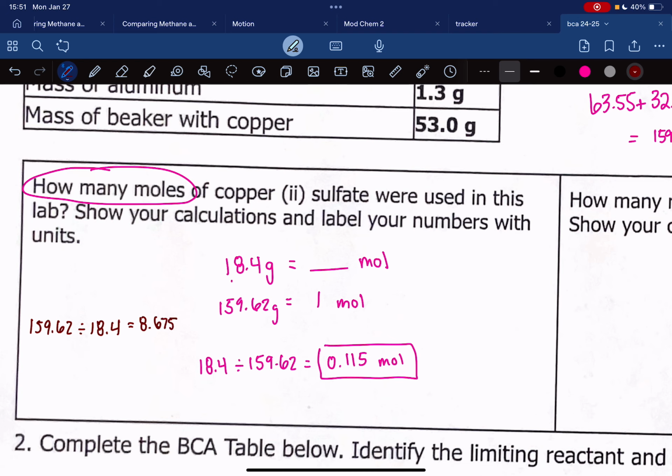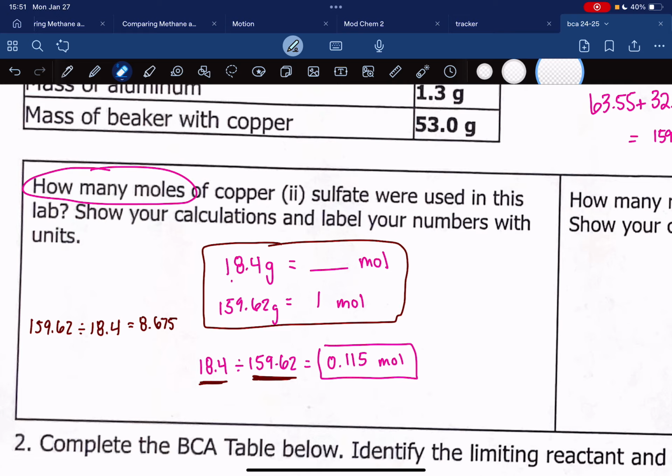And if you write your setup like this, then you know as soon as you put that 8.675 there, you know that can't be right because you already decided that it has to be a number that's smaller than 1, right? So that's how we know that it should be the smaller number divided by the bigger number. That always gives me a number less than 1. So that's my answer, 0.115.